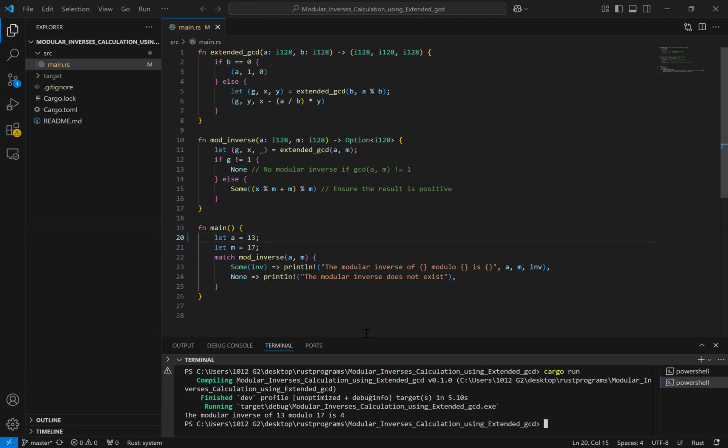Yes, you can see it. But this one is not the one. This one is additive. It's giving me the modular inverse of 13 to be 17. This is the additive one.